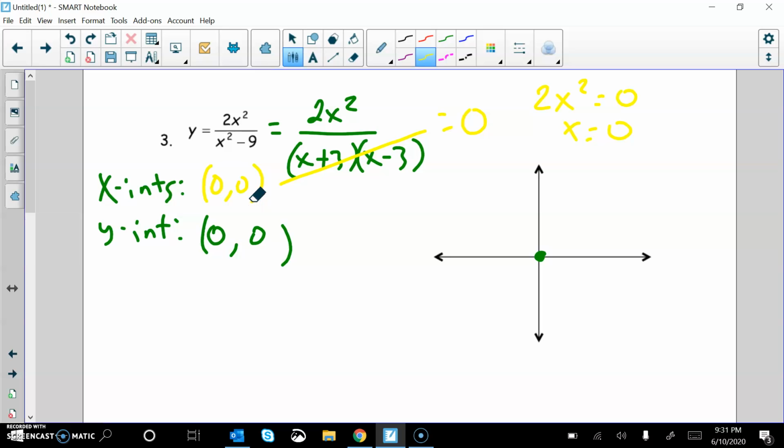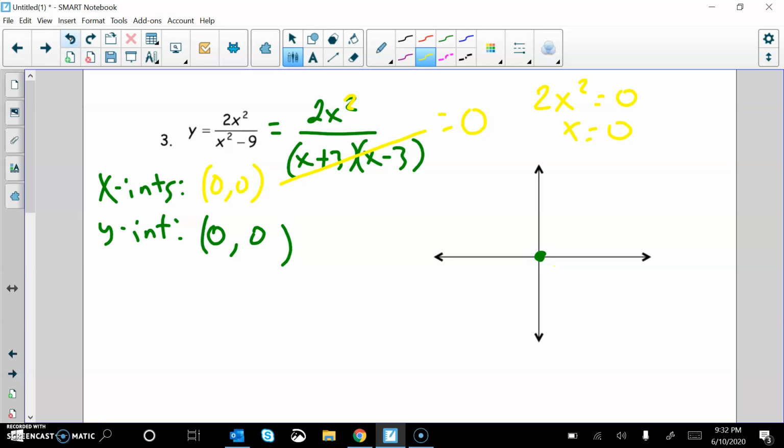All right, so something interesting is going to happen here. The 0, the x-intercept, is from this x here that is being squared, so it's an even multiplicity. When that happens, the graph's going to be tangent at that point. It's not going to cross it. It may go that way or it may go this way. We'll have to determine that in a bit.